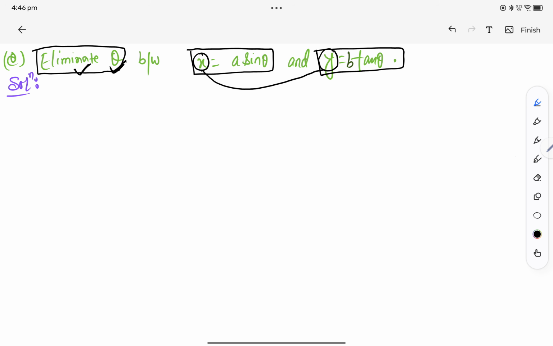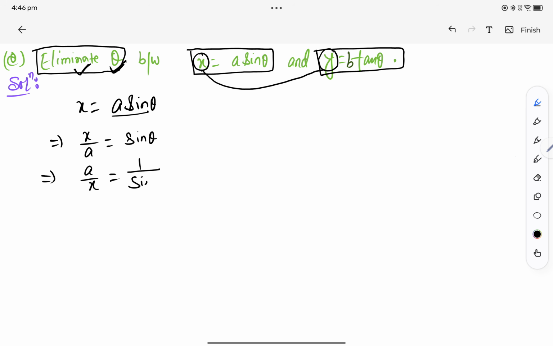So let us start with x is equal to a sin theta. We can write it as x over a is equal to sin theta, and a over x is equal to 1 over sin theta.